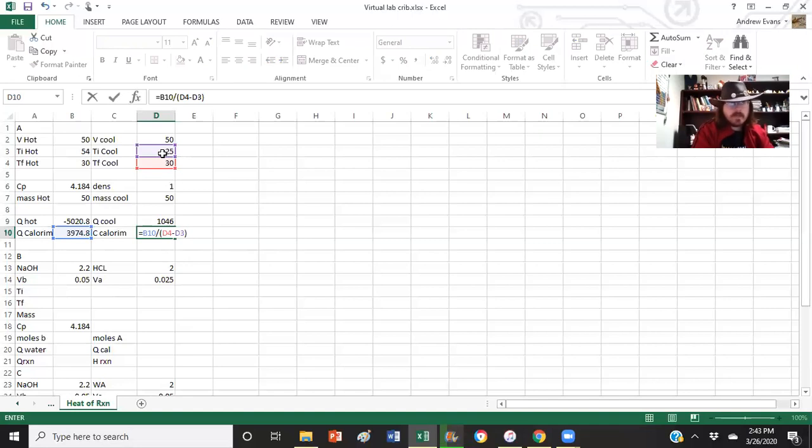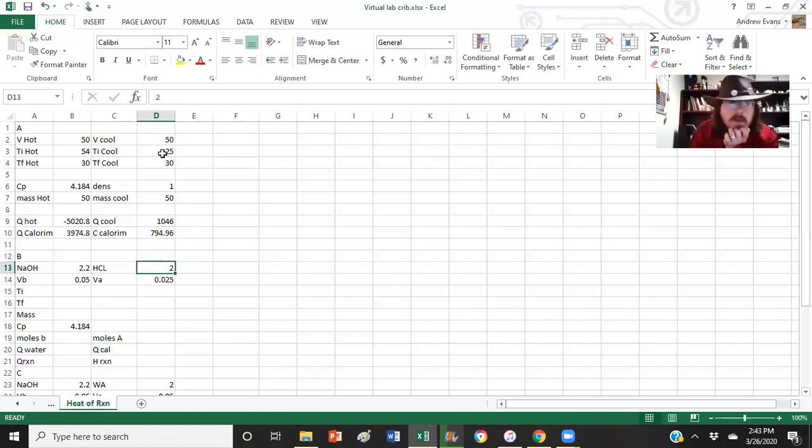The calorimeter will be the same temperature as the cool water. So with that in mind, you could calculate a hypothetical heat capacity of those coffee cup calorimeters. Now, this is a completely wrong value. Don't be trying to pull off this value. I just made up some numbers.